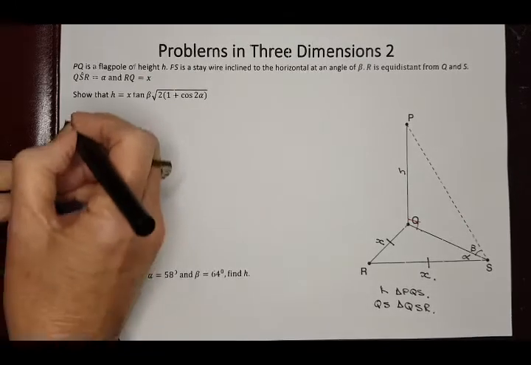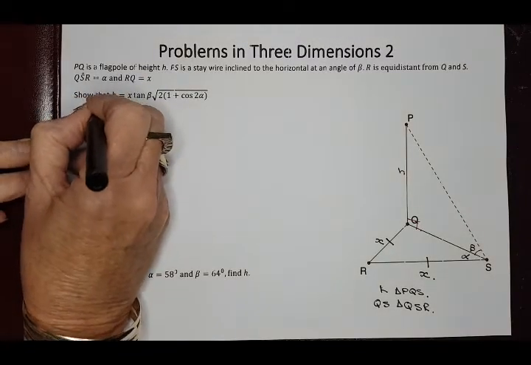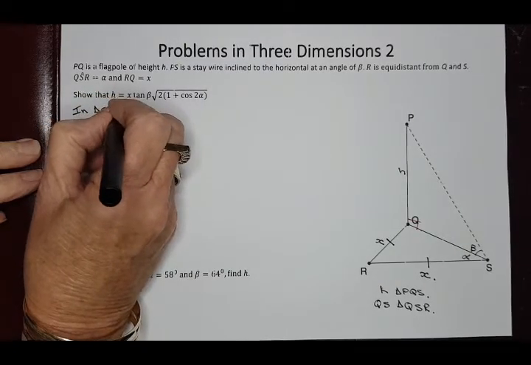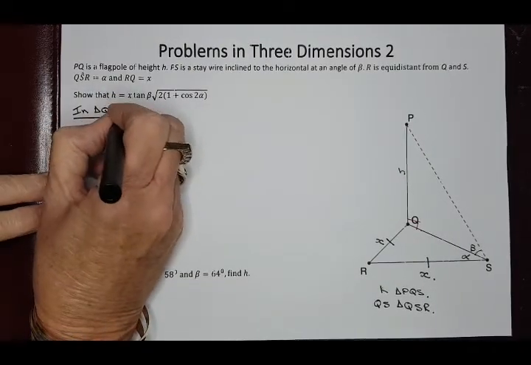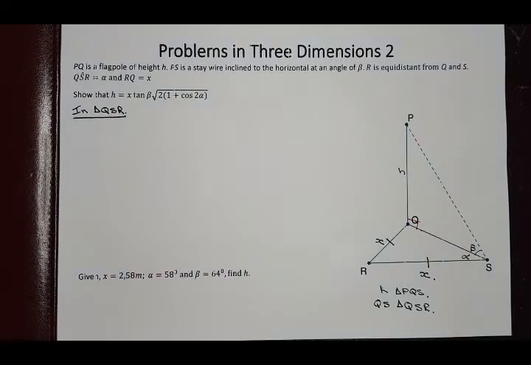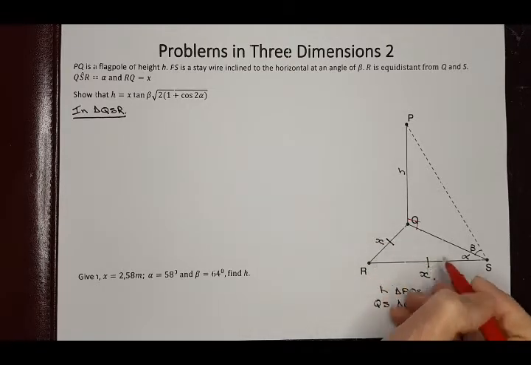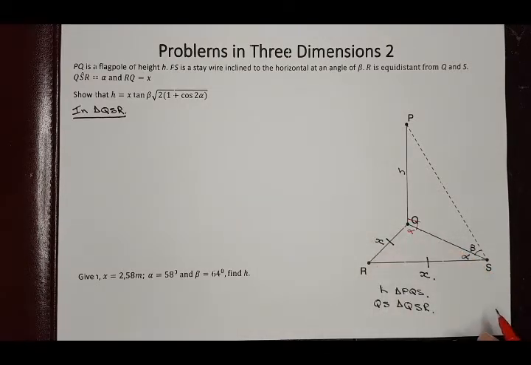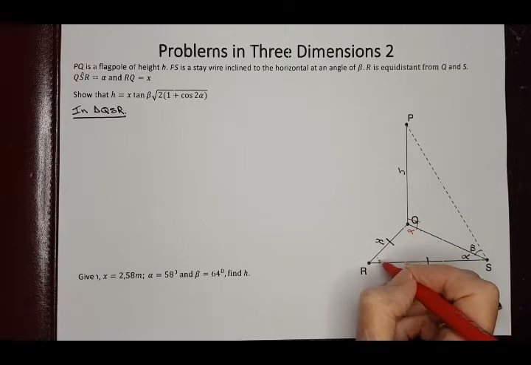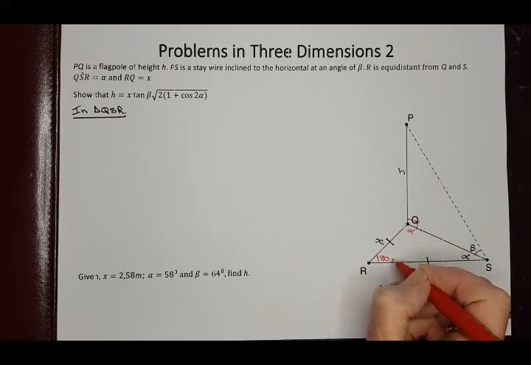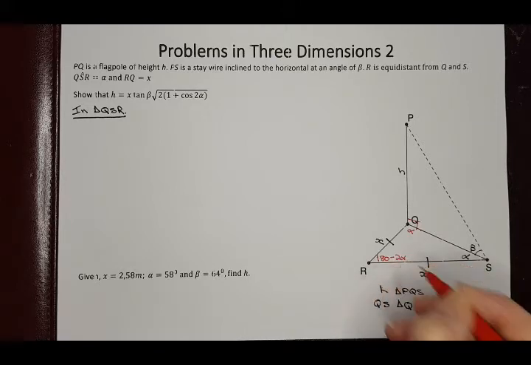Okay, so I'll start off in triangle QSR. I have to decide whether or not I'm going to use the cos rule or the sine rule. Now, in this particular case, you have so much information that you can in fact use either rule. Because that's an isosceles triangle, this angle over here is alpha, and this angle over here is going to be 180 degrees minus 2 alpha, just using 3 angles of a triangle.